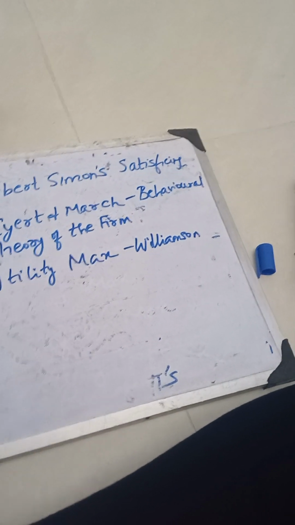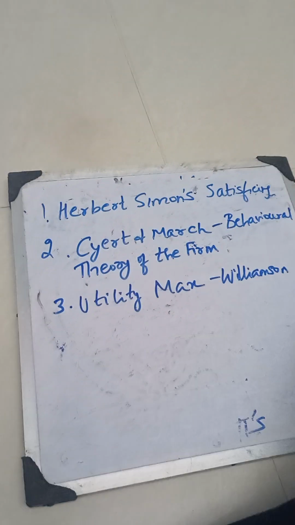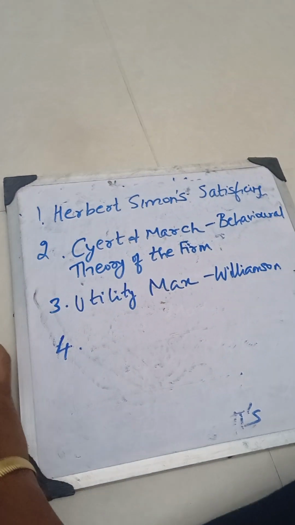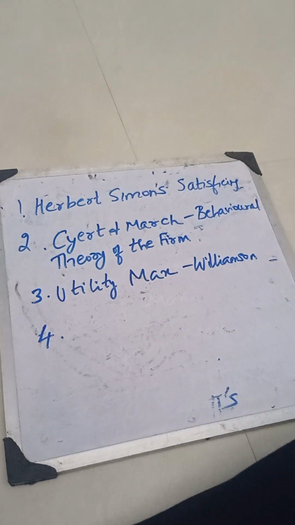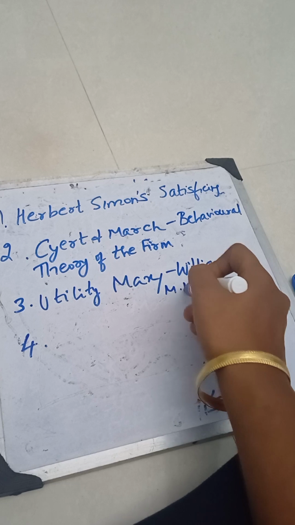He said that the manager's utility is different from the utility of the shareholder, because the shareholder is only interested in profits, whereas the manager is interested in getting more perks. So he gives utility maximization or managerial discretion theory.